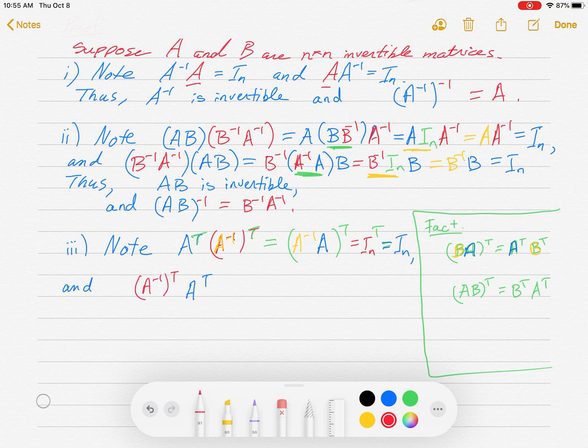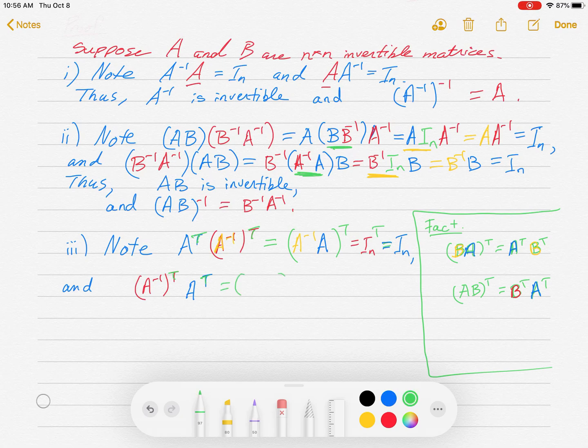And let's see if it works in the other direction. I'm going to take A transposed, and I'm going to multiply on the left by A inverse transposed and see if that works. So let me call these T's the greens. This B here, in my fact, is going to be red, and this A here in the second fact is going to be blue.